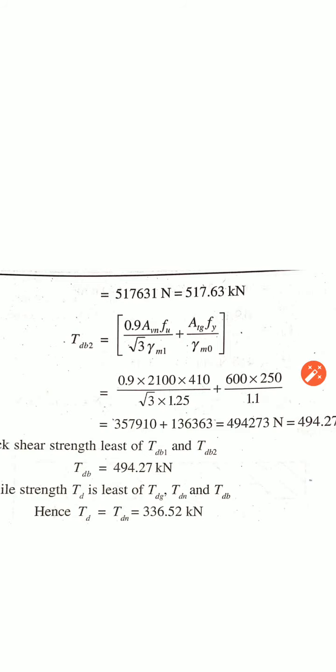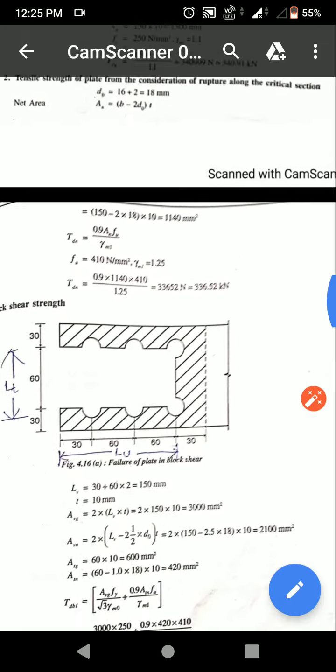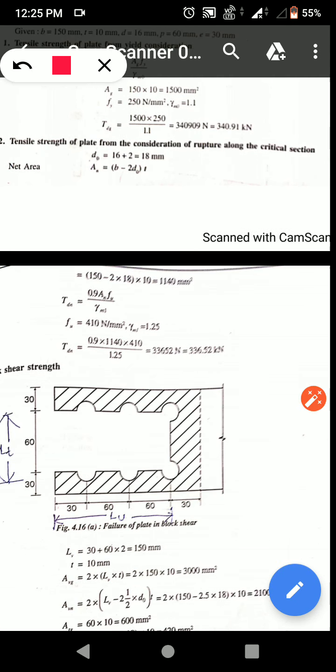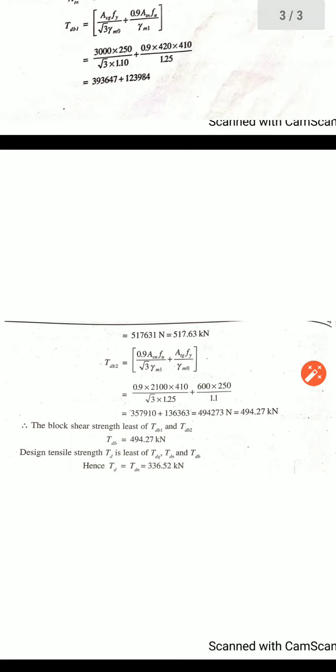The least of these three is the tensile strength due to rupture, 336.52. So 336.52 is the tensile strength of the plate section.